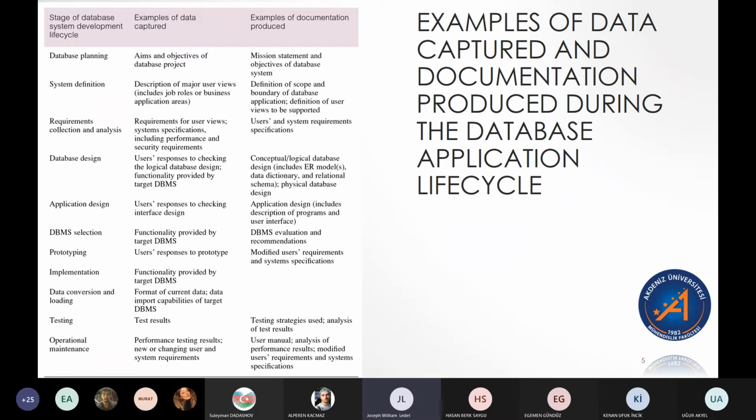The application design, again, that's part of database, because if we're going to access the database, then we need to know how we plan on our users interacting with it. DBMS selection could be a very fast experience because it could be already selected for us. But we do want to have an evaluation of what each DBMS can do. All right.